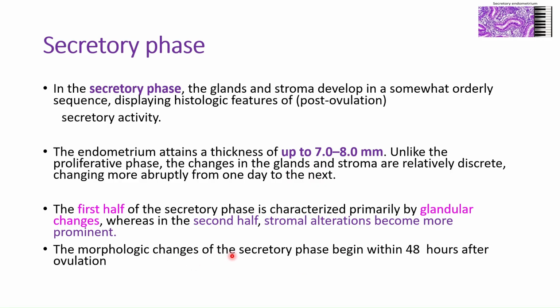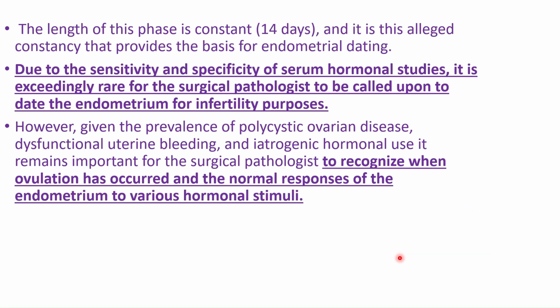The morphological changes of secretory phase begin within 48 hours after ovulation. The length of this phase is constant, 14 days, and this constancy provides the basis for endometrial dating.